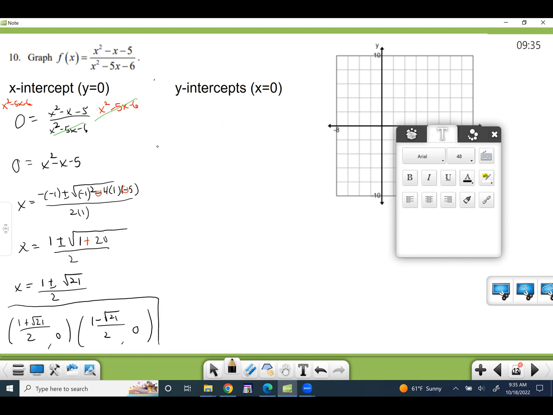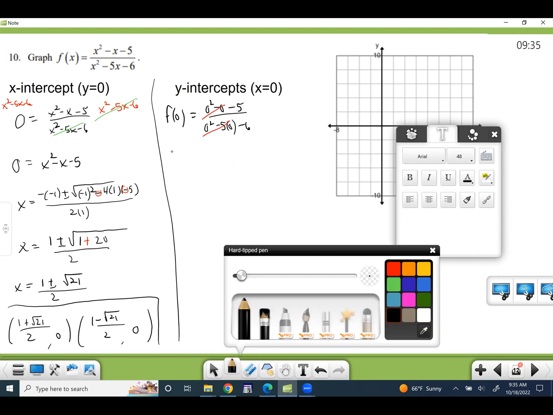All right, let's go in here and get our y-intercepts. So we're going to plug in 0. So all of this stuff's going to go away. We're just left with negative 5 over negative 6.